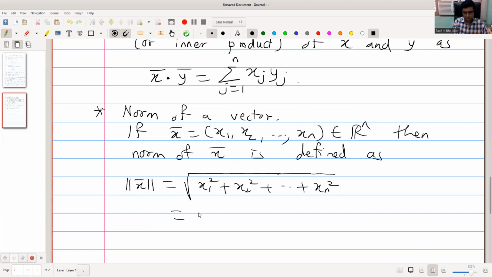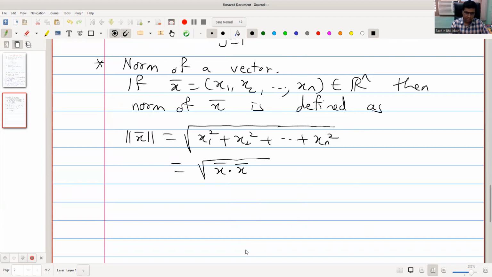It is nothing but the square root of x bar dot x bar. So the dot product of x bar with itself, its square root. Okay.